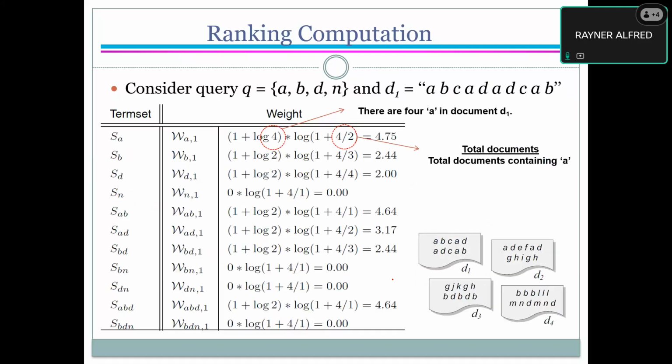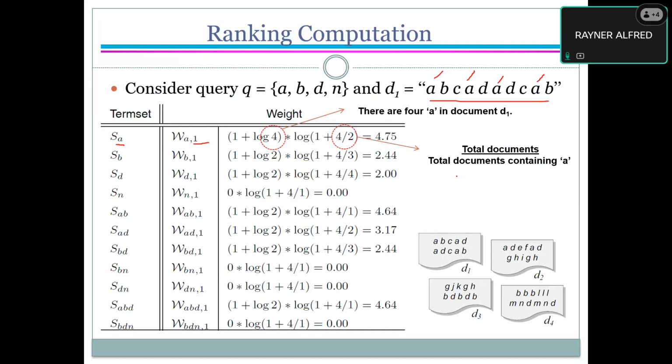So let's look at an example here. We have query A, B, D, N, and this is document A. If we look at the weightage of A in document 1, A in document 1 we have 1, 2, 3, 4.